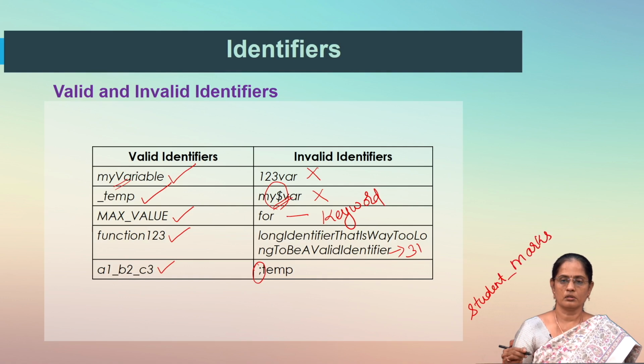This can be allowed, this will be conveying the meaning, or you can even shorten it if we want, as student M, which also conveys its meaning. But whenever we define an identifier, see to it that it should be aligned with the purpose of the identifier or the purpose of its nature. Okay. So, these are the rules that we are supposed to follow whenever we define an identifier.